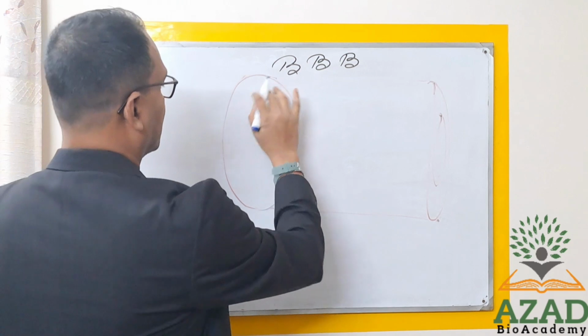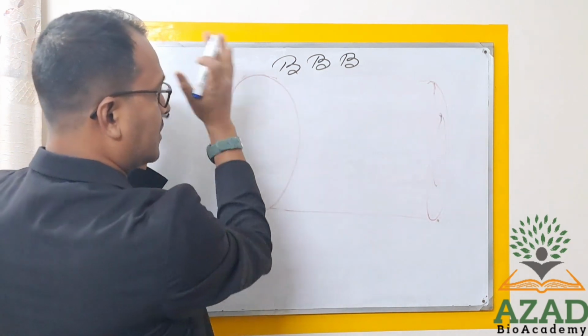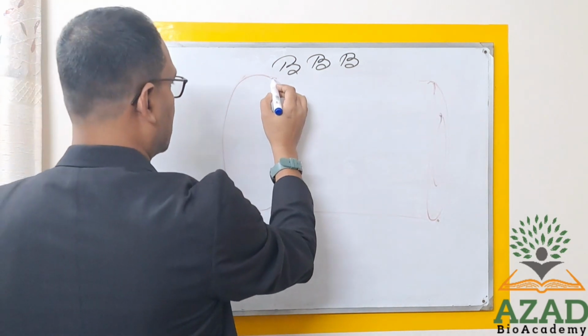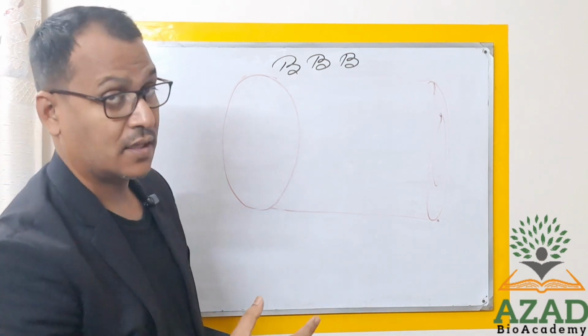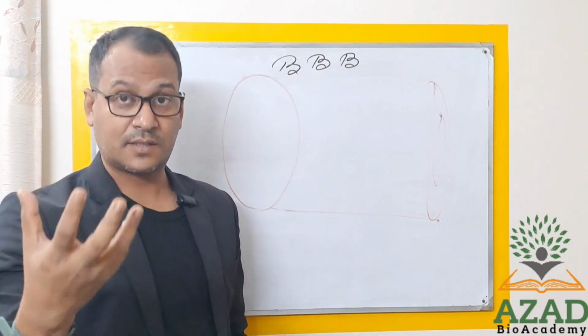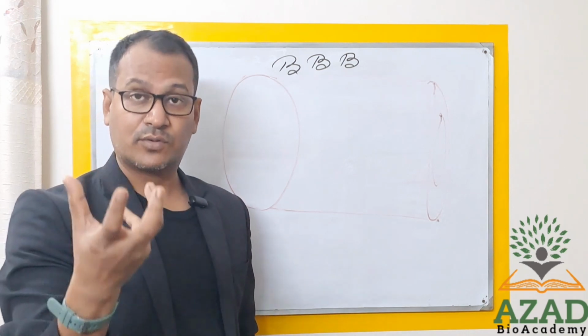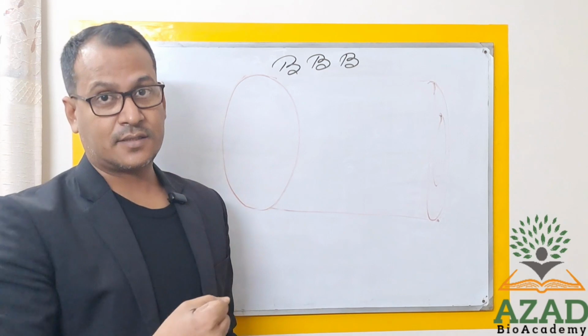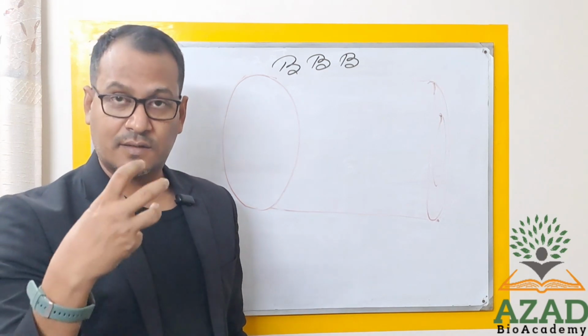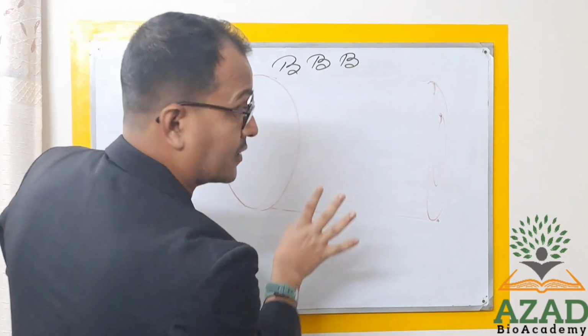Here is the blood vessel or blood capillary of the brain. Blood capillaries are basically composed of smooth muscle, an endothelial layer, some extracellular matrix and other components.